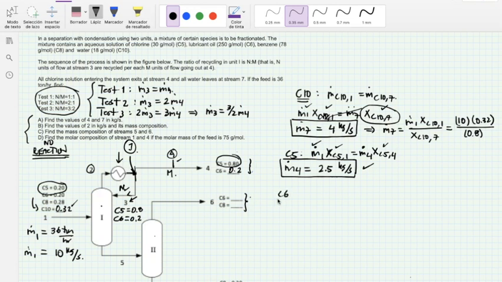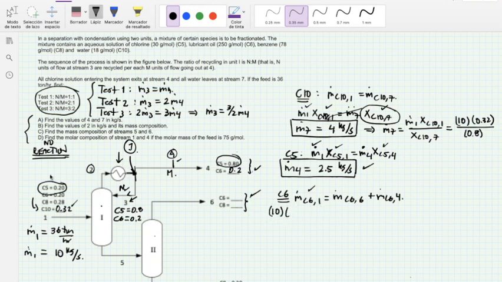Let's go on with C6. C6 is a little more difficult because it appears in two places. I would like it to appear in just one place, beginning and end, and that would be easier, but nonetheless, let's put it. So the mass of C6 at 1 should be equal to MC6 at 6 plus MC6 at stream 4. This is not very problematic.